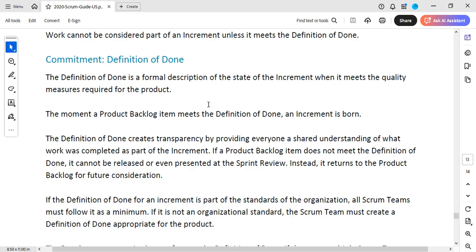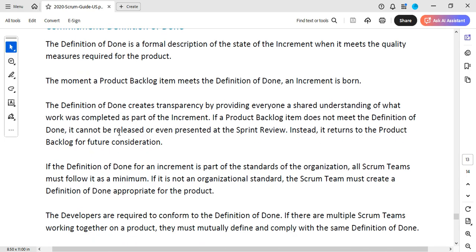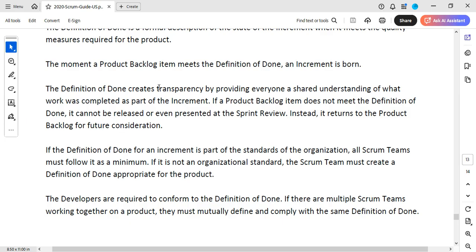Commitment, definition of done. The definition of done is a formal description of the state of the increment when it meets the quality measures required for the product. For example, when what you have done has met the quality measures required for a product, that means it has met the definition of done. That is when your increment meets the quality measures. The moment a product backlog item meets the definition of done, an increment is born.